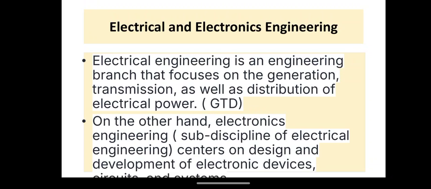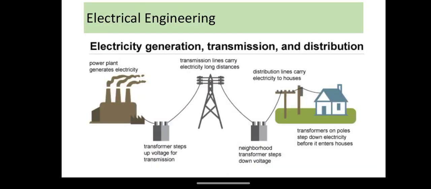When it comes to the UG program of electrical and electronics engineering, the electrical part deals with the generation, transmission, and distribution of the electric power. Say, for instance, we have a power station where the power is generated and it is stepped up through the transformer, and over long distance it is carried via the transmission lines.